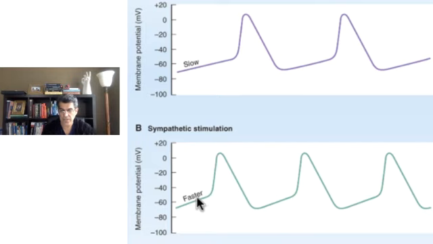As you can see, stage 4 is going to last shorter, therefore you're going to have more action potentials. Here we have only 2 action potentials, here we have 3. So the effect of sympathetic on the SA node would be making stage 4 shorter.